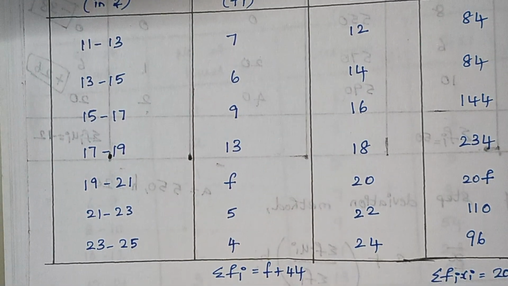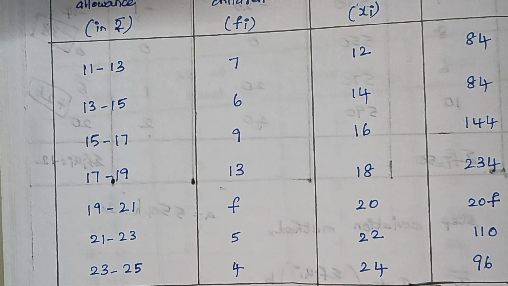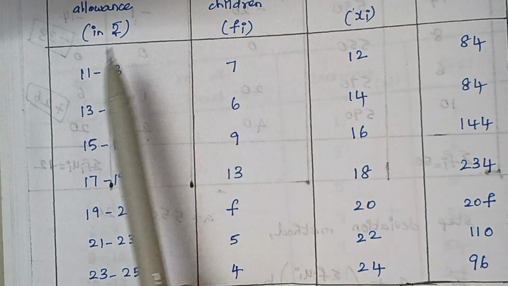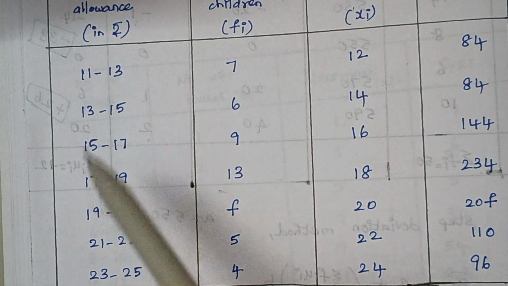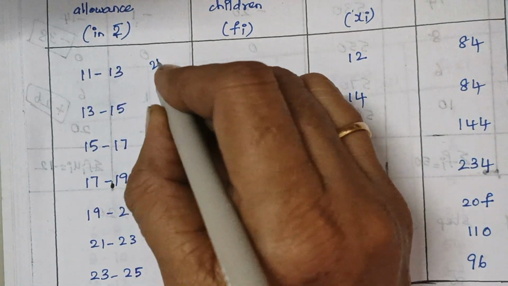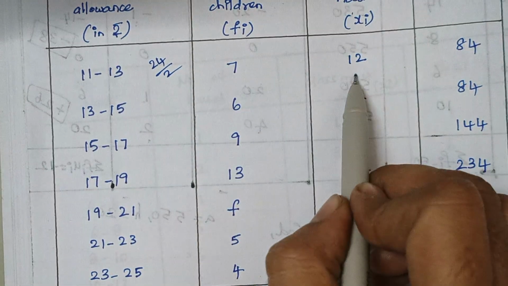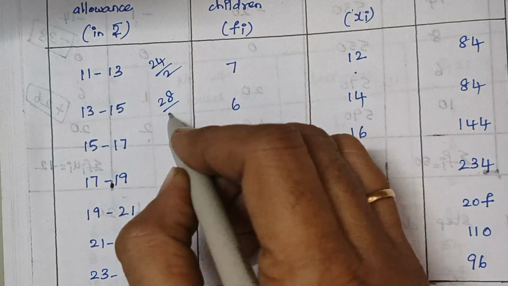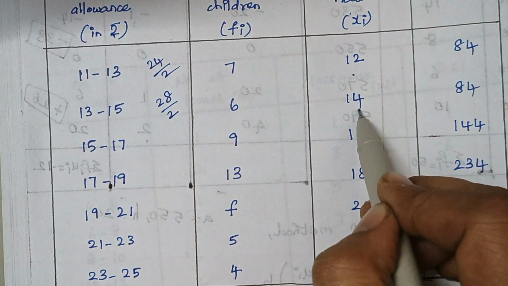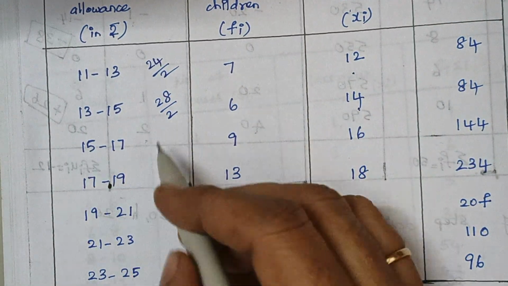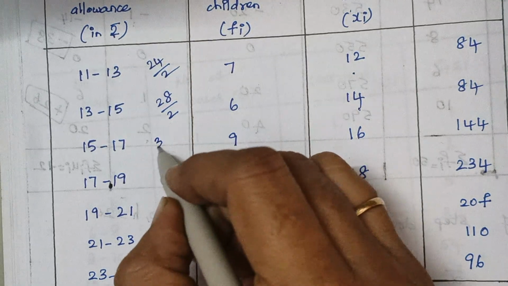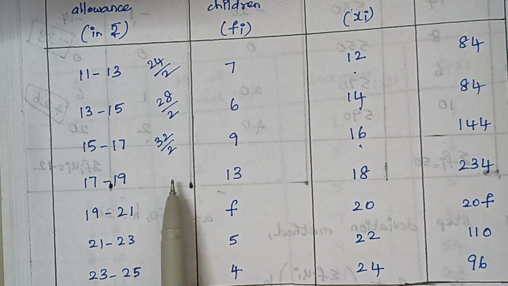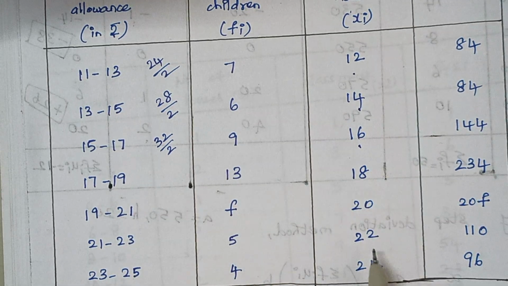The first thing is you have to calculate xi, so you just take the average. 11 plus 13 gives 24, and 24 by 2 gives 12. Similarly here it is 28, 28 by 2 gives 14. And similarly here it is 32, and 32 by 2 gives 16. Likewise you take the average and calculate the value of xi.